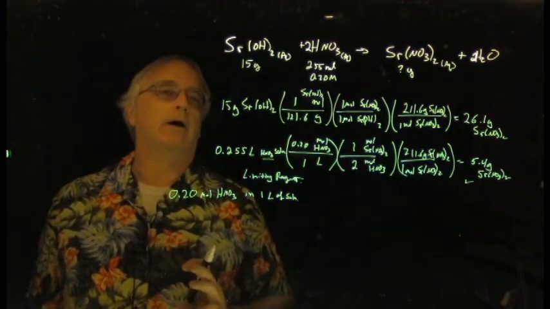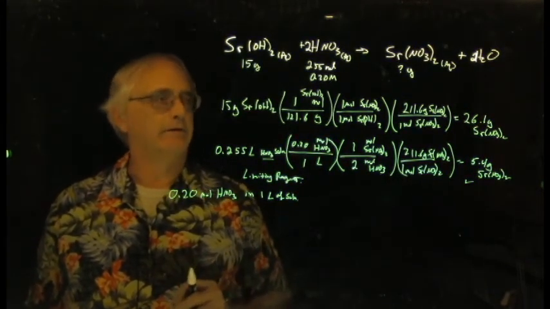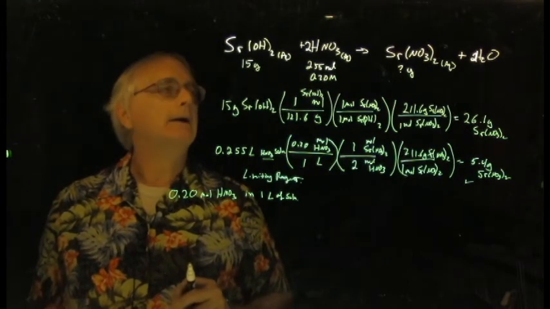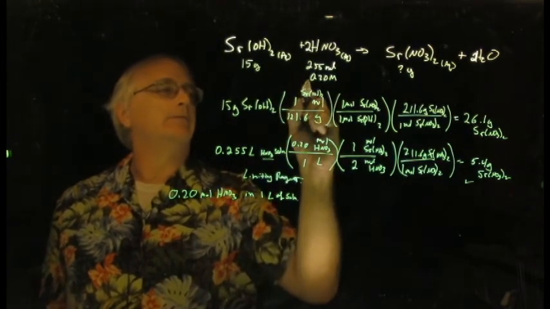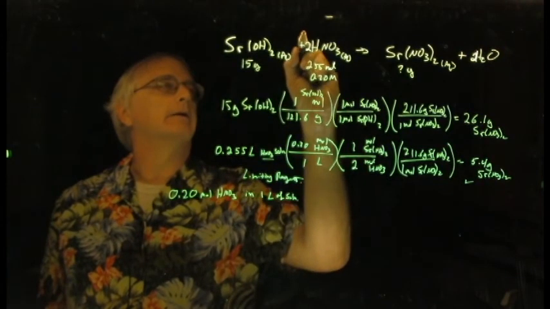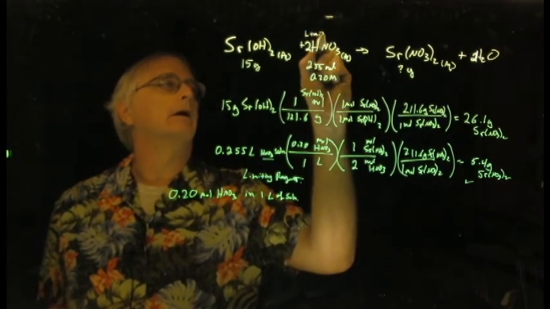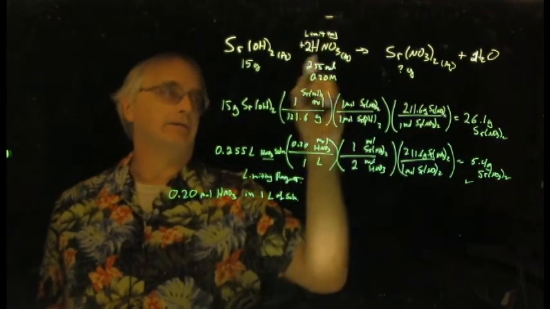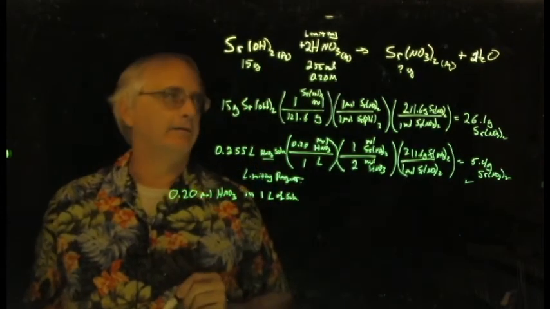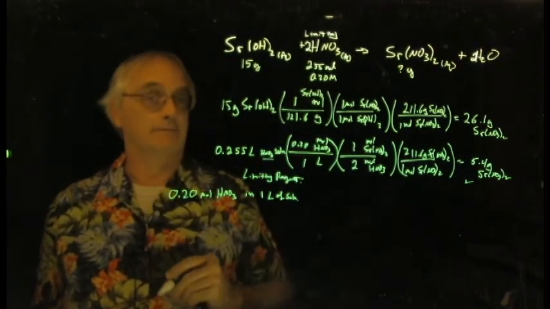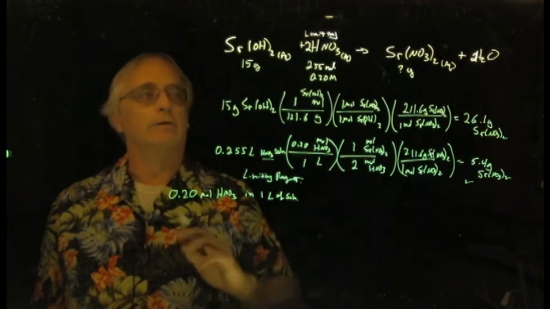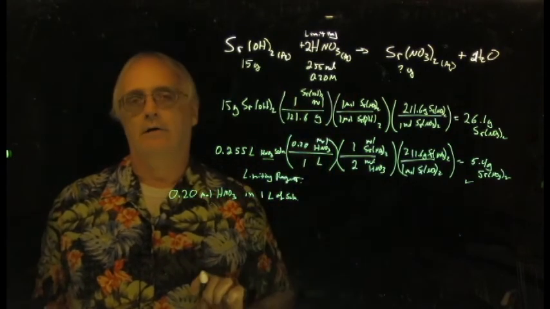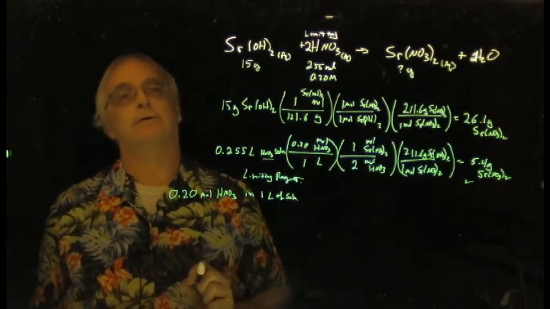Now, the very last question is kind of an interesting one. Is this solution now acidic or basic when the reaction is done? Well, we've identified that this one is our limiting reagent right here. I'll just write limiting. And of course, this is the acid. Strontium hydroxide is the base. By definition of limiting reagent, what it means when this reaction is done is all the nitric acid is gone. We've used it all up.